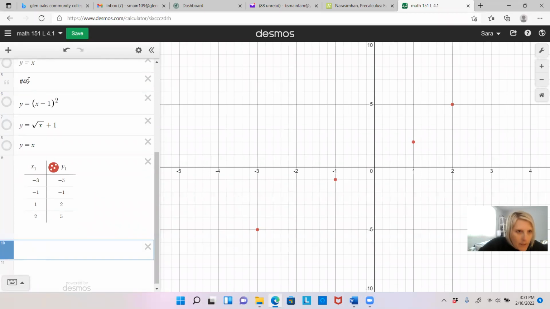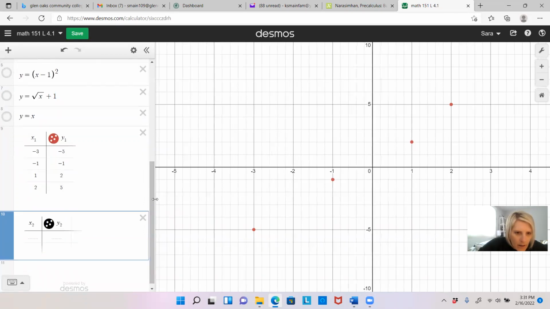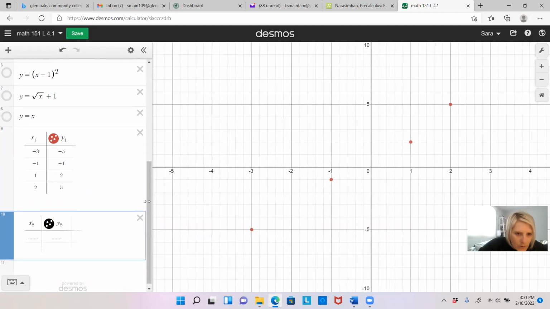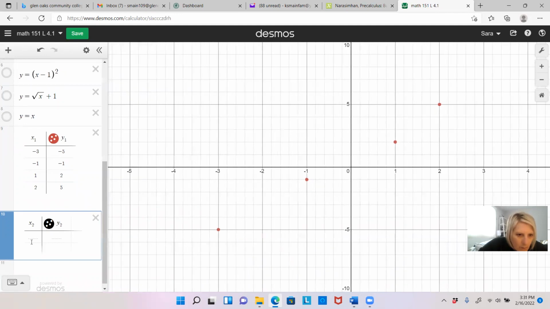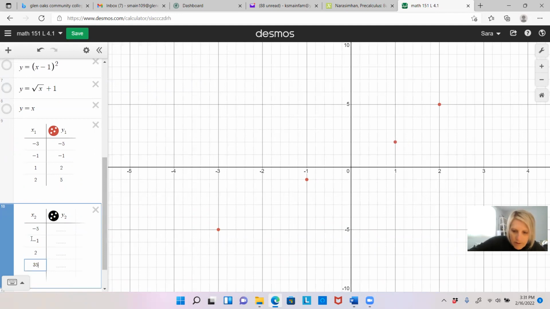And now I'm going to make another table. So go up to the plus sign and click table. And in this table, I'm going to put my points that we had on the paper. So -5, -1, 2, and 5.